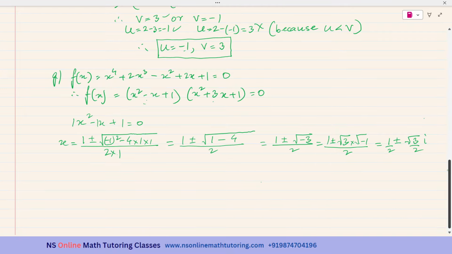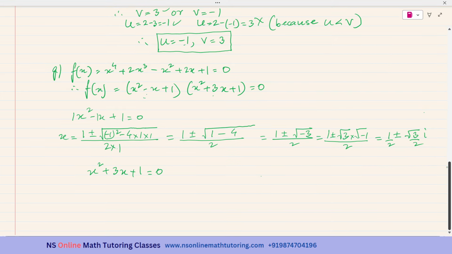So these are the two complex roots, and for the real roots, I have to solve this part, x square plus 3x plus 1 equal to 0. So therefore, again, A is 1, B is 3, and C is 1.